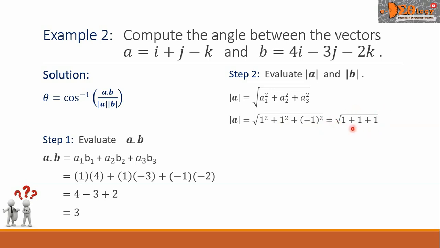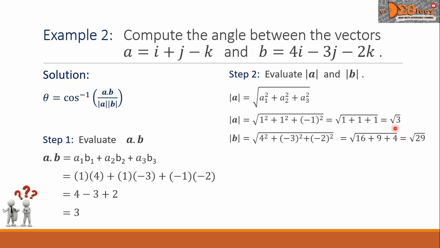So the square root of 1 plus 1 plus 1 is equal to square root of 3. Now our length of B. Substituting the corresponding values, we have 4 squared plus the square of negative 3 plus the square of negative 2. Simplifying the squares, we have 16 plus 9 plus 4. So the final answer here is the square root of 29.